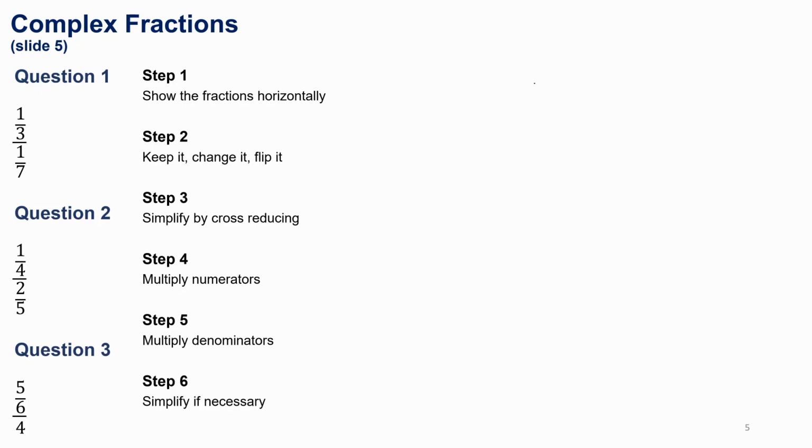Question number 3, the final question then, is 5/6 over 4. So this is a complex fraction written vertically again. In this case, we have a fraction by a whole number. So when we do step number 1, show our fractions horizontally, we have 5/6 that's on the left divided by a whole number 4 here.